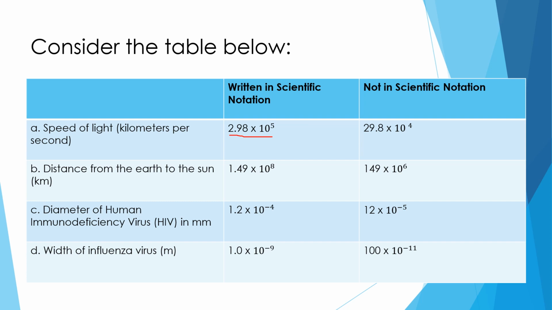It is not scientific when it is expressed as 12 times 10 raised to negative 5. The width of influenza virus in meters is 1.8 times 10 raised to negative 9, or this 100 times 10 raised to negative 11. Why is this not the correct way of writing scientific notation? Let us go to the next.